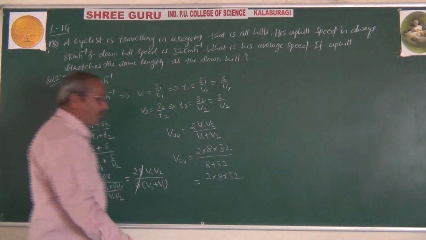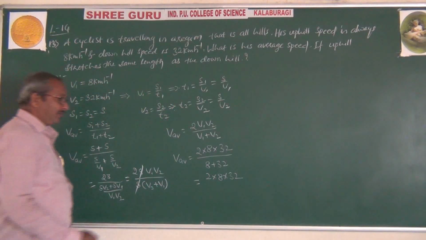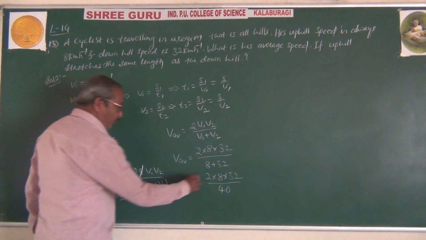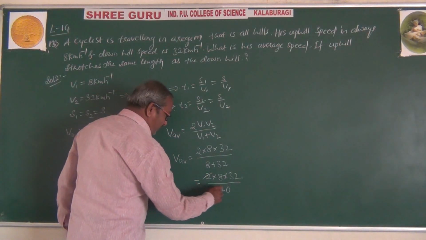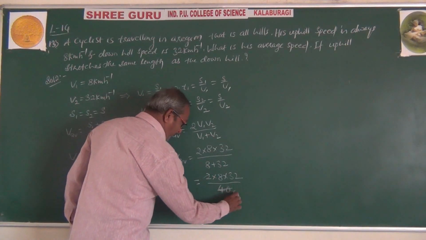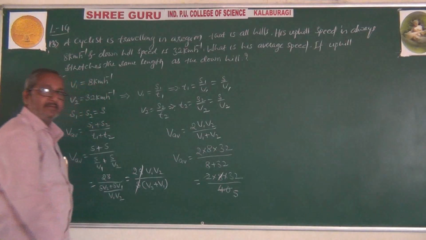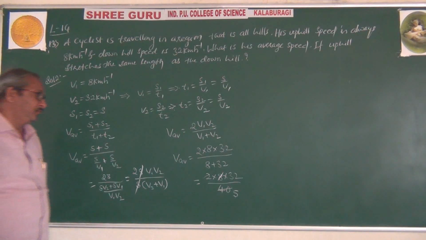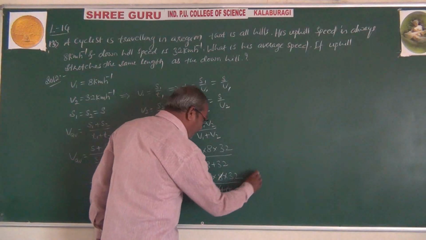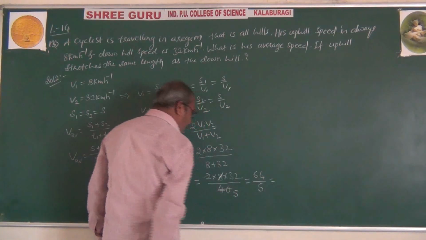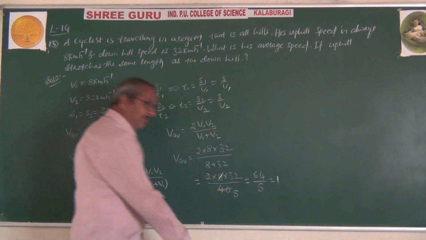Don't divide all at once. Here the denominator 8 plus 32 is 40, which is 8 times 5. Is it right? Now 2 into 32 is 64 divided by 5.